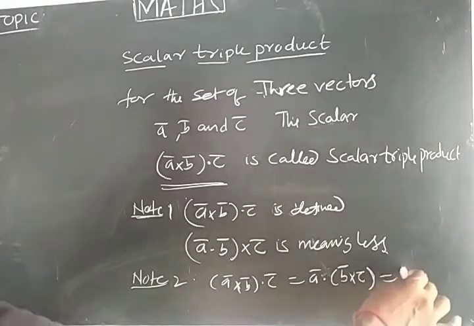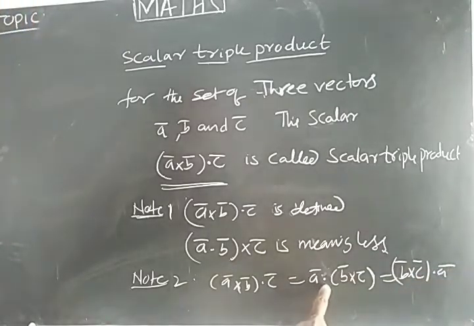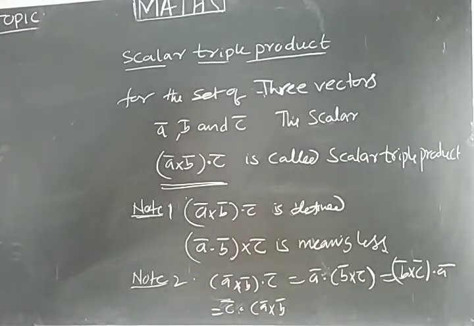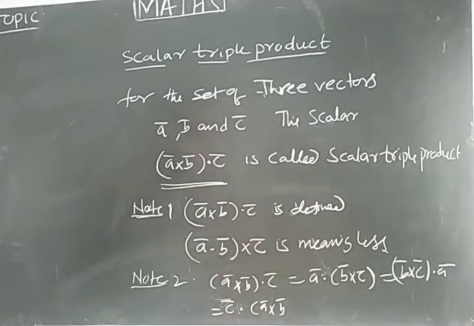Or you can write B bar cross C bar dot A bar, because the dot product is commutative. This is one vector and this is one vector, between them we have the dot product, so we can interchange these two. Or C bar dot A cross B bar is also possible. These are all equal. Everywhere we have the scalar triple product. And this is meaningless.